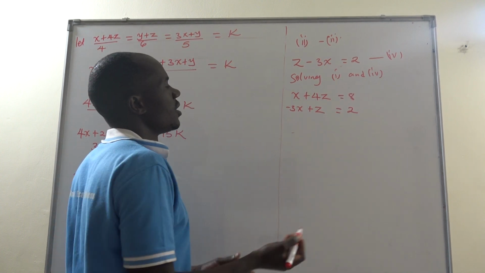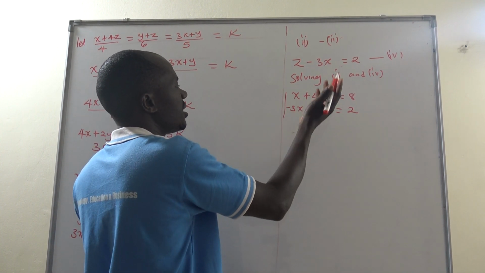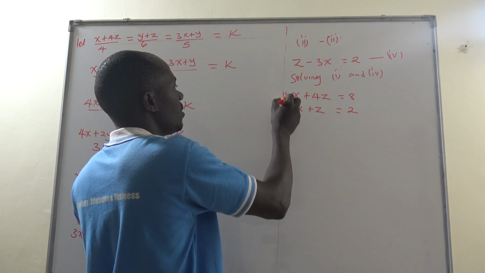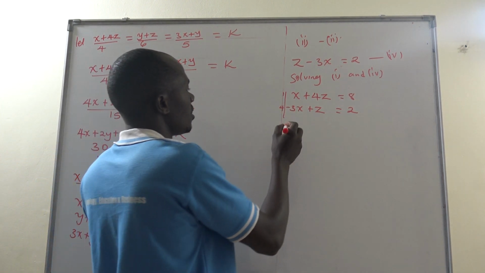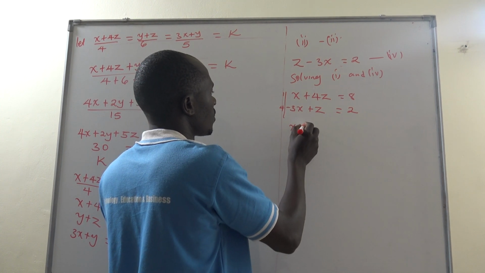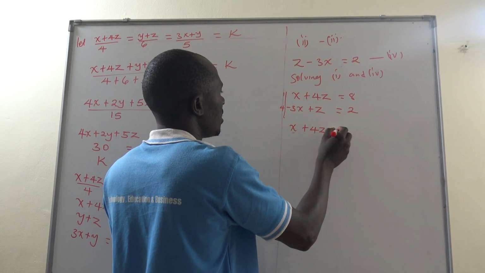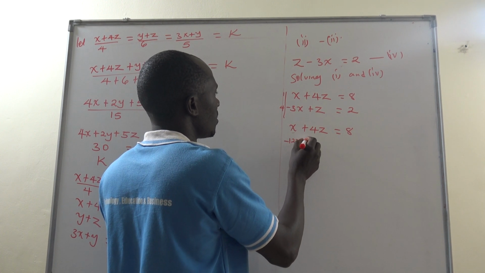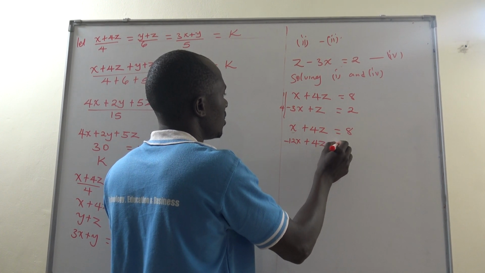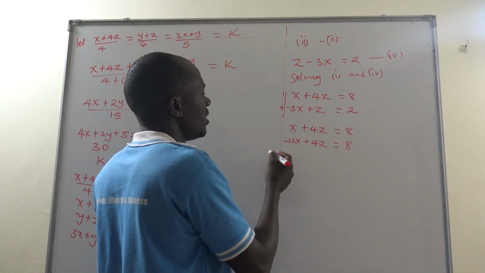So we can use the elimination method. I can eliminate z. I put up 1, then down I put a 4. Then we multiply throughout. This 1 times, we are getting x plus 4z equals 8. Then this is negative 12x plus 4z equals 8. We can subtract.